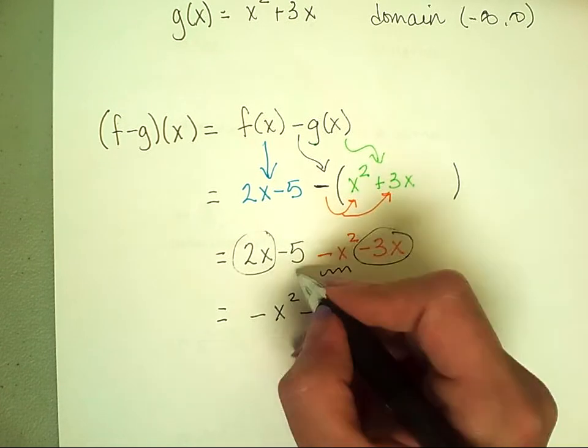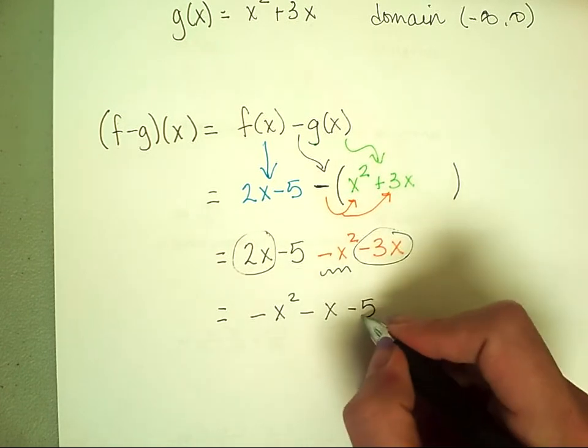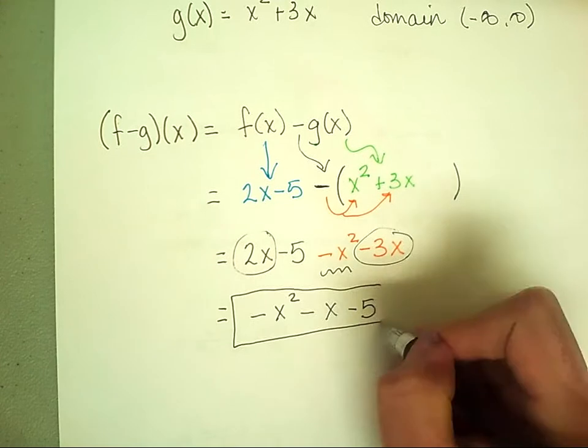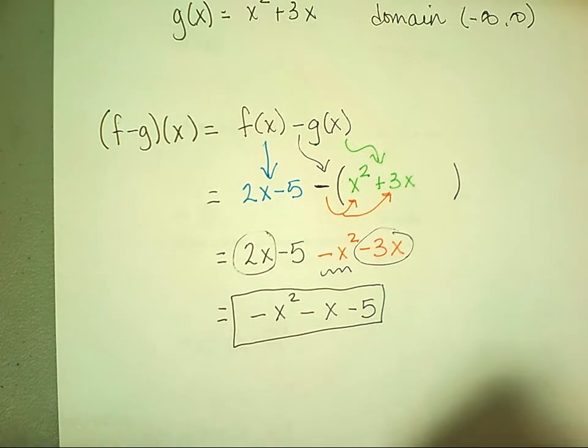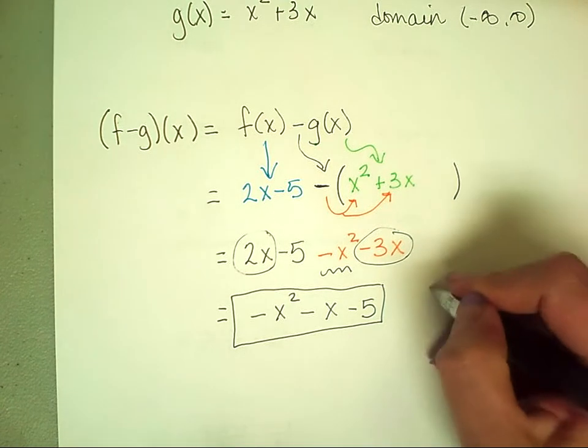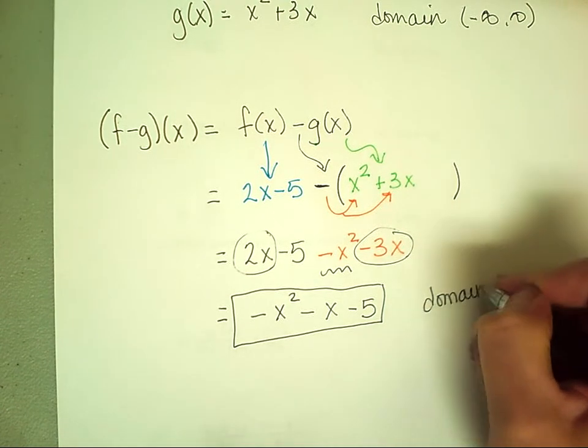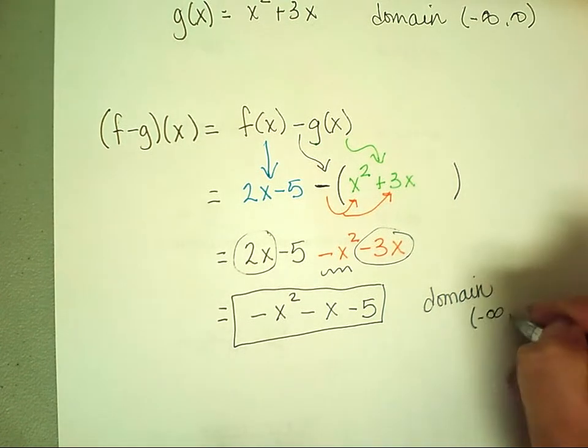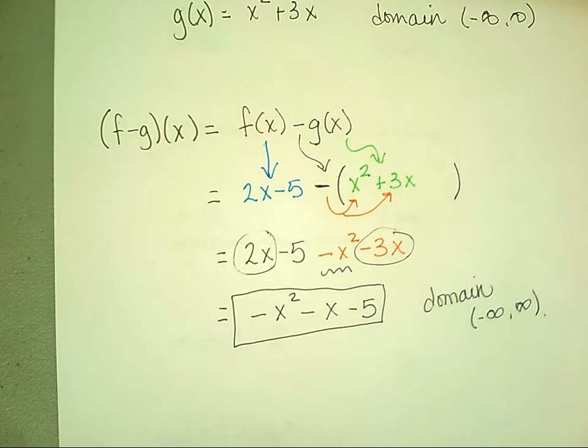And then we just simply have the minus 5. Okay. So this is the new resulting function. This is f minus g of x. It is a polynomial, and its domain is negative infinity to infinity. It is all real numbers.